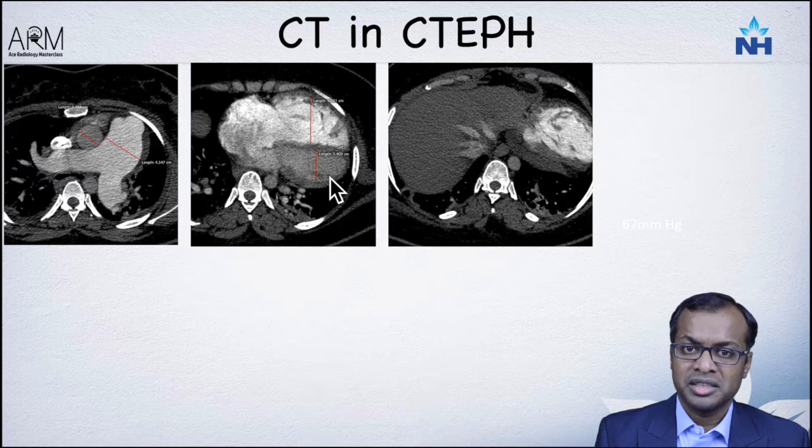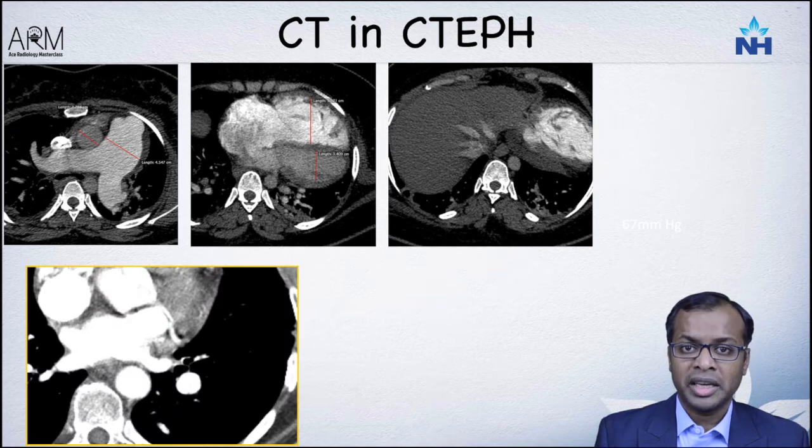The right ventricle is usually smaller than the left ventricle, and if that ratio is reversed, again a feature of pulmonary hypertension. Also, look for reflux within the IVC and the hepatic veins, which is another feature of tricuspid regurgitation. So all of these put together suggest underlying pulmonary hypertension.